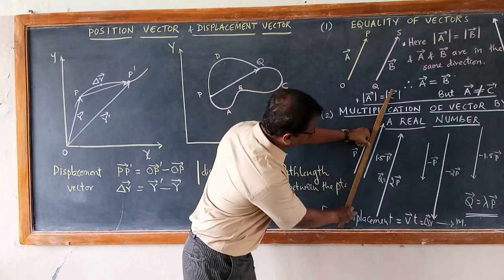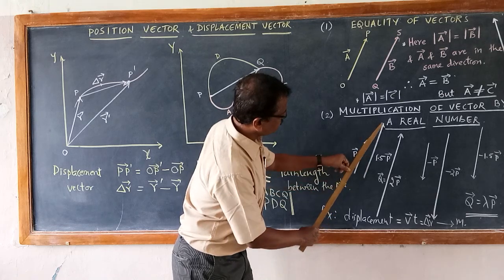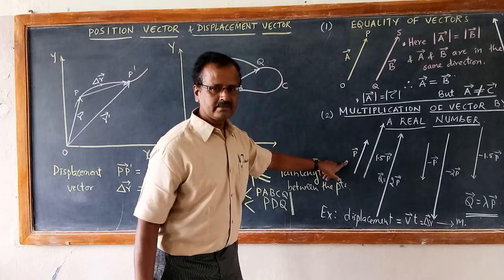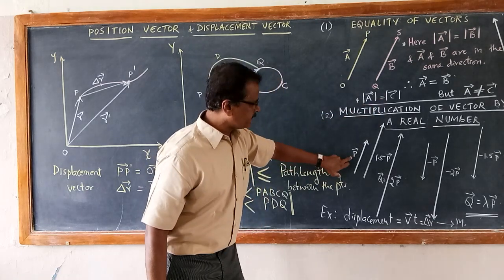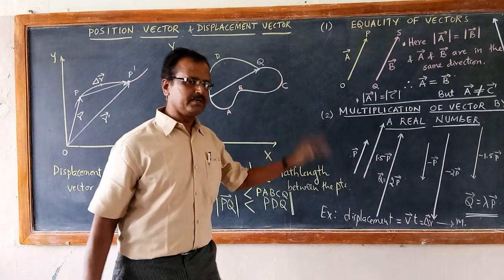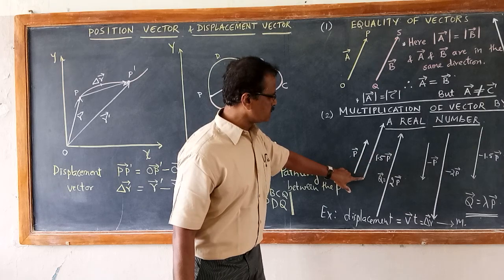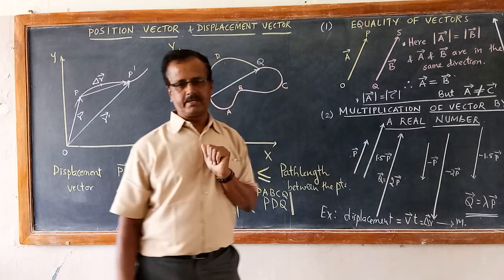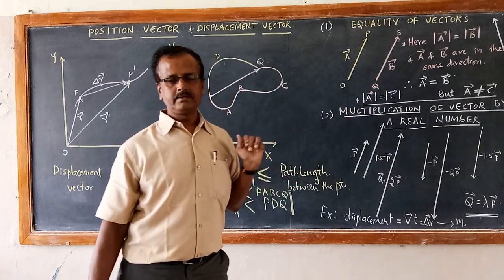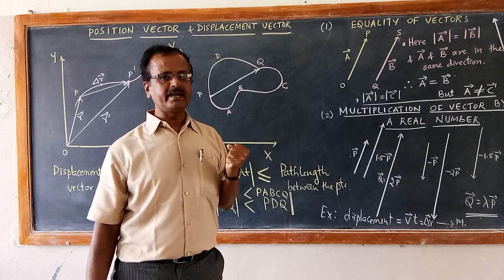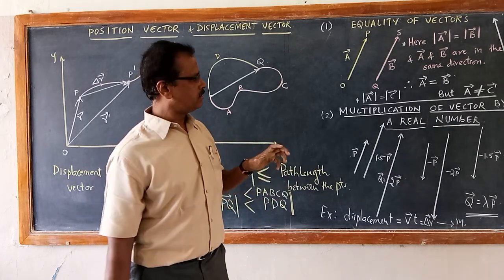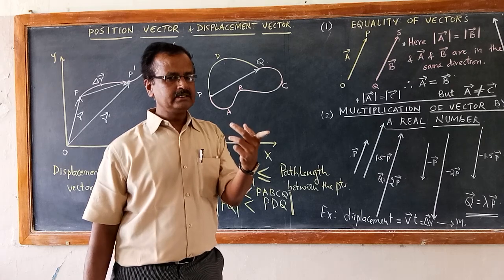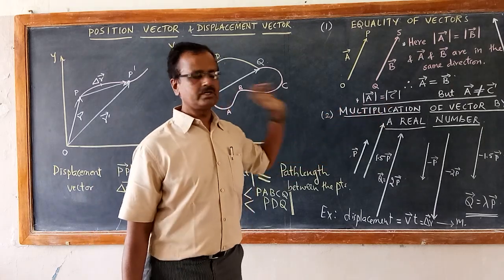And you are finding another parallel vector here, which is of length 1.5 times P, having the same direction as that of P. So, if I multiply vector P by 1.5, I get another vector whose magnitude is 1.5 times the magnitude of P, but it is in the same direction as that of P. It means we can multiply a vector by any scalar quantity, any number, provided that the resulting vector is in the same direction as that of the original vector.